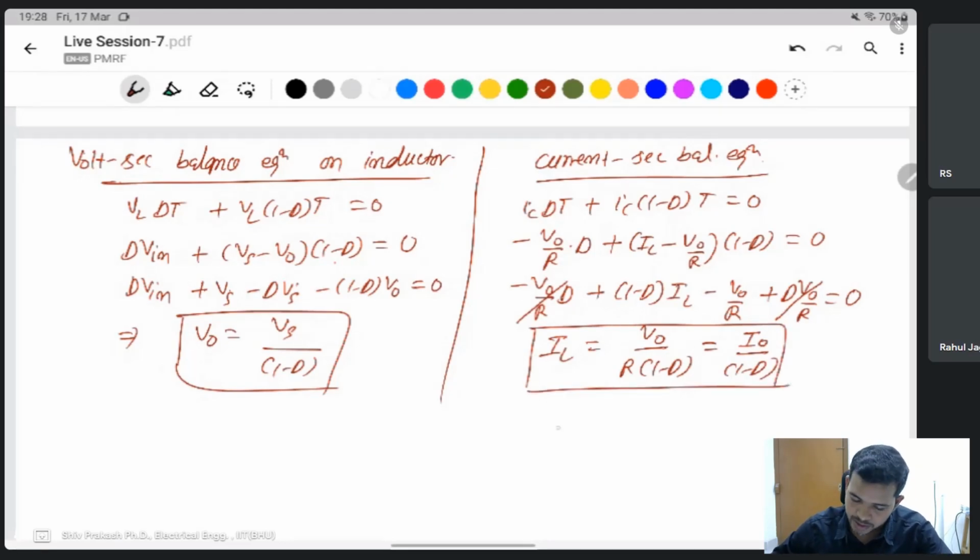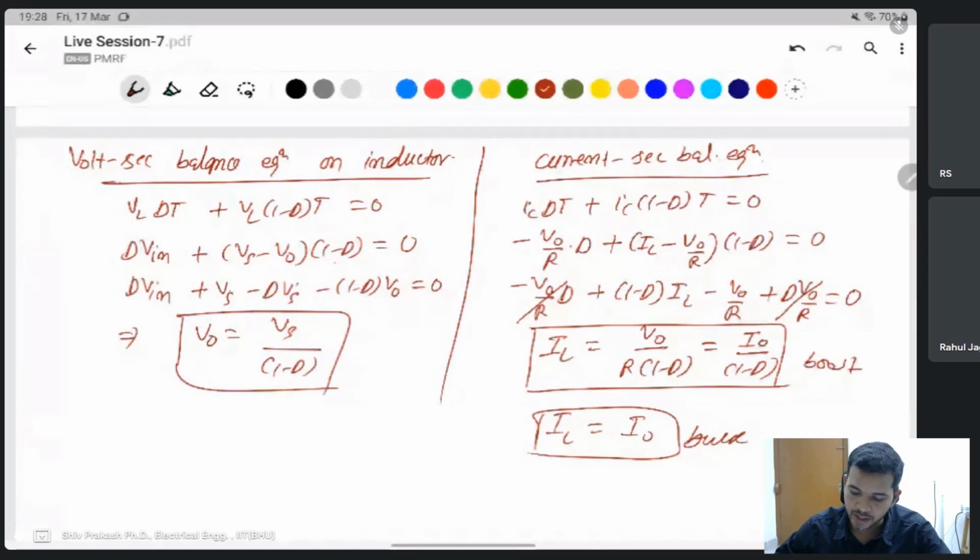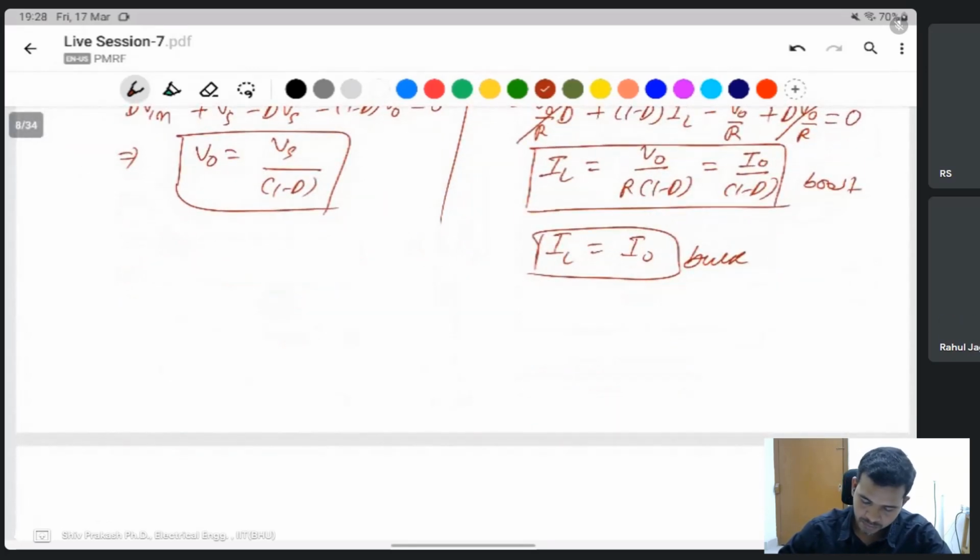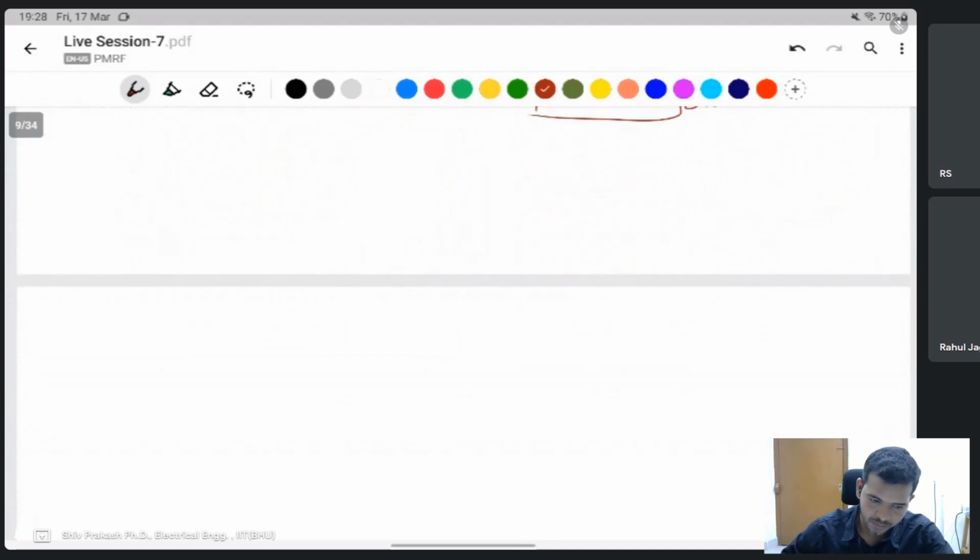In a buck converter, IL is the same as I naught, but in a boost converter, inductor current is I naught divided by 1 minus D. Inductor current is increasing from I minimum to I maximum.